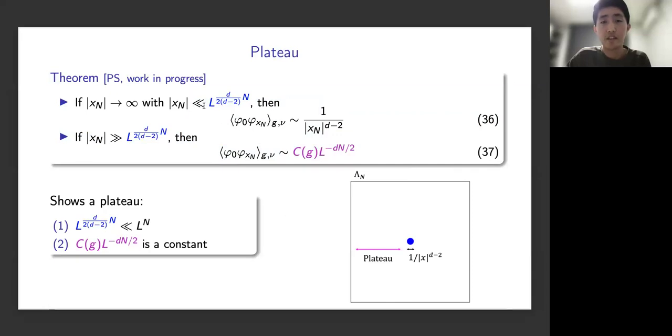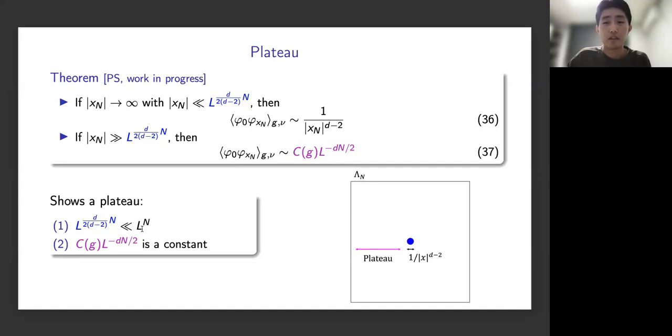When x is sufficiently smaller than L to the d over 2d minus 2n, then the 2-point correlation function shows a polynomial decay, whereas in the other regime, the 2-point correlation shows a constant behavior.